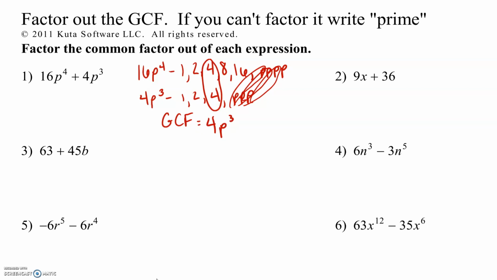That's what we are going to pull out of this. So that means we're going to divide each of these by 4p cubed. So 4 goes into 16 4 times, and p to the 4th divided by p cubed would be p, plus 4 goes into 4 once, and p cubed divided by p cubed would be 1. So that would be your final answer.